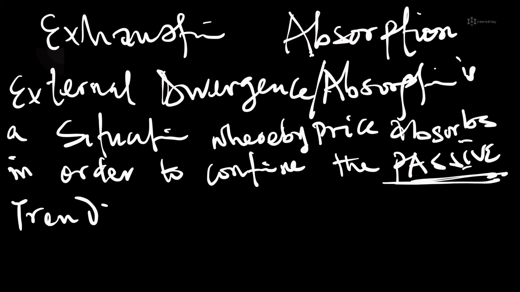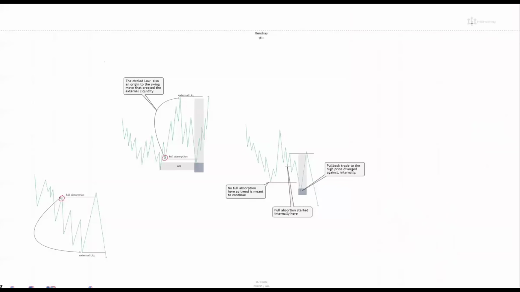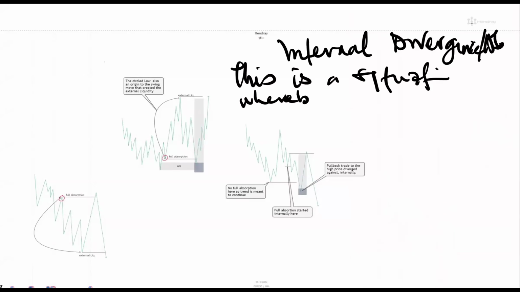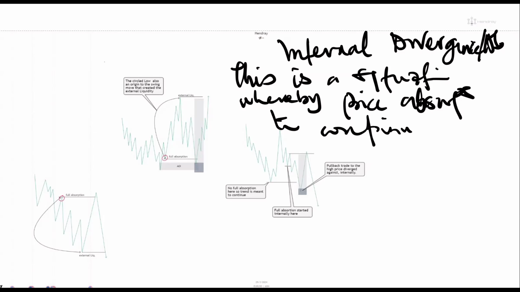All right. So now what is internal divergence? So that is external divergence or absorption, and this is internal divergence or absorption. This is a situation whereby price absorbs to continue the aggressive trend.